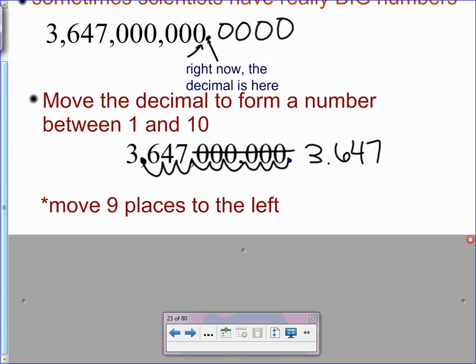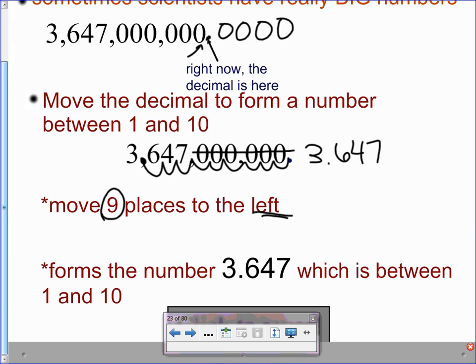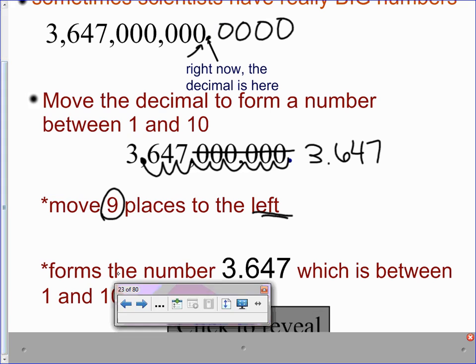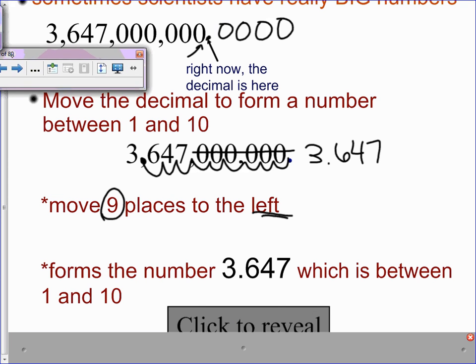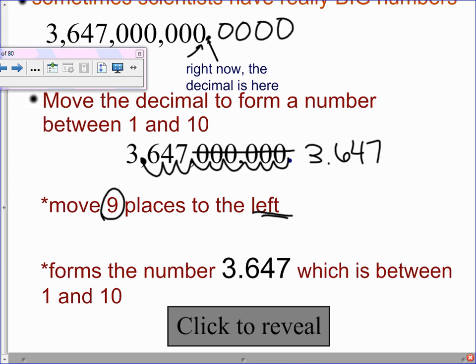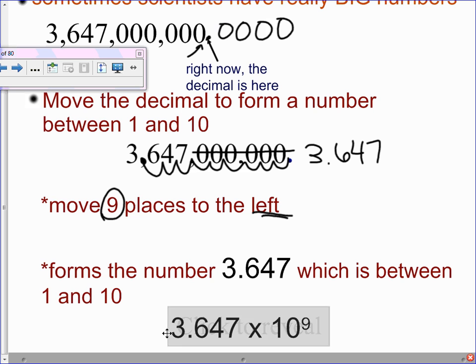We moved it a total of 9 times to the left. And that forms the number 3.647, which is between 1 and 10. And in scientific notation, that's going to be 3.647 times 10 to the 9th.